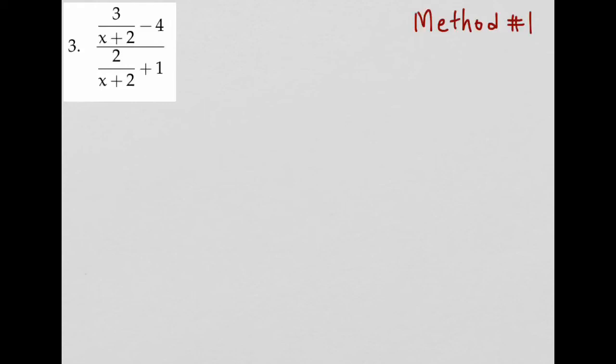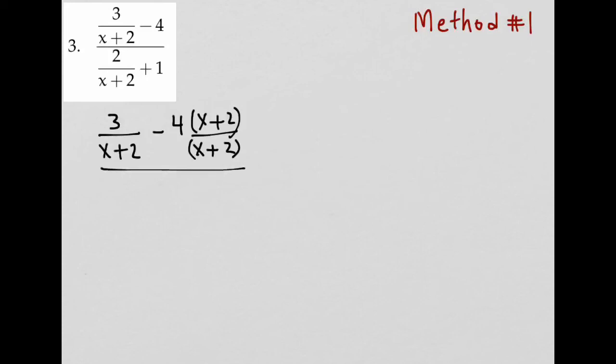I'm going to write the numerator and denominator of my complex fraction as single fractions. We write 3 over x plus 2 minus 4 times x plus 2 over x plus 2, all divided by 2 over x plus 2 plus 1 times x plus 2 over x plus 2.